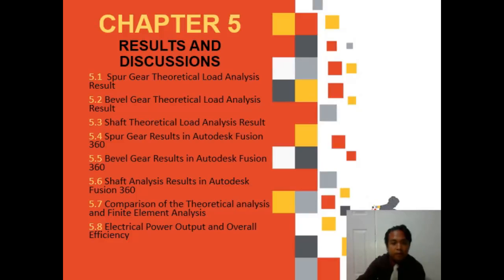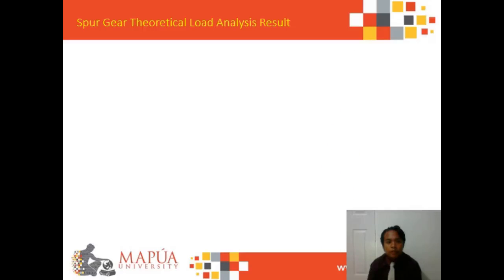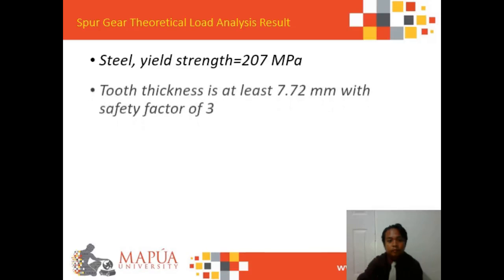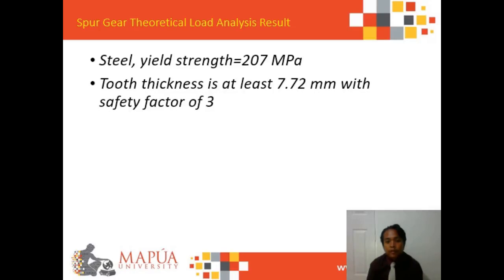Chapter 5, results and discussion. Spur gear theoretical and load analysis results. We used steel for the material of the spur gear. It has a yield strength of 207 megapascals. The tooth thickness we found using the formula was at least 7.72 millimeters with a safety factor of 3.